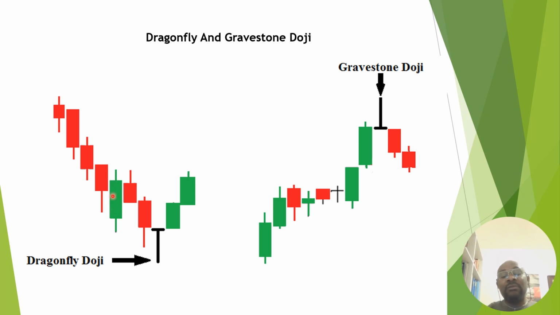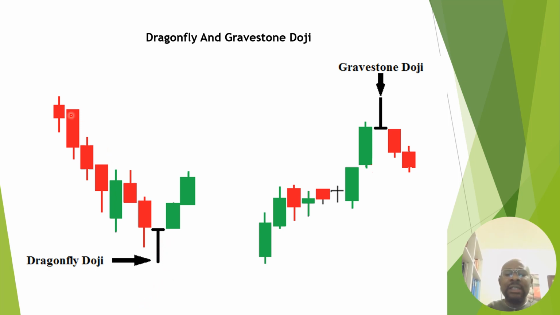Even if this green is in between, it does not really matter, because this one signifies a bearish trend from the left side going down. A bullish trend starts from the left side going up. So that is how it is.